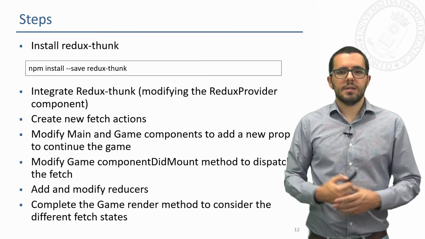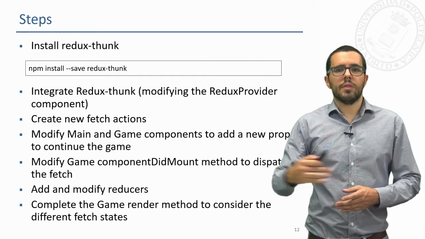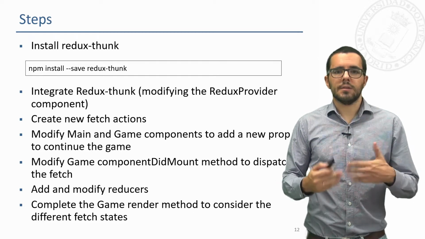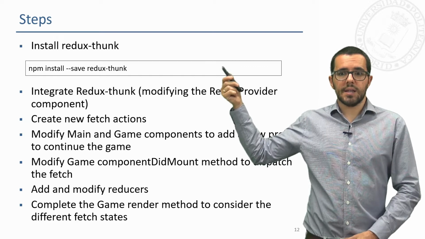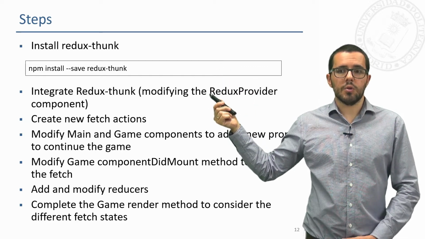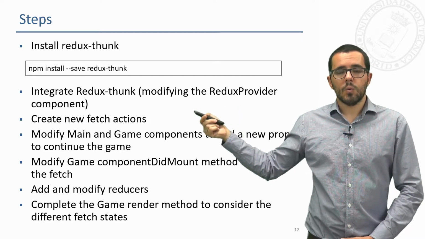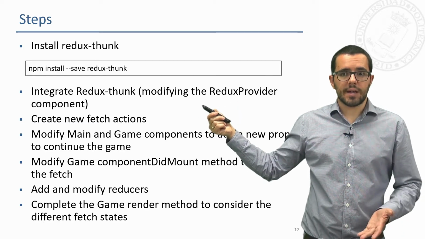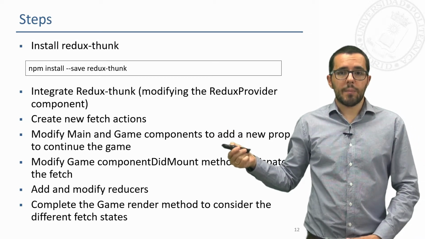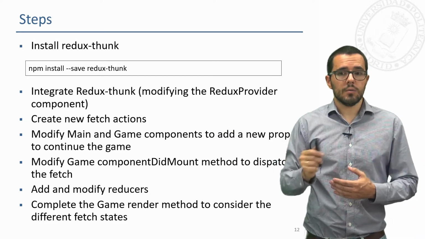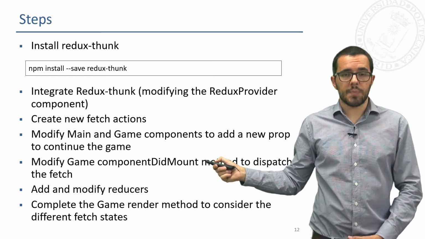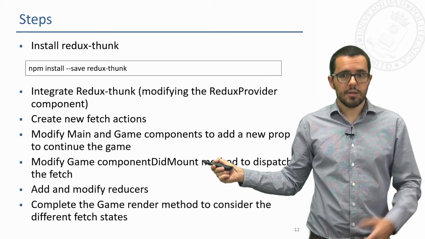What are the steps to introduce Ajax calls or backend service calls? In the first place, install Redux Thunk and integrate it, as we saw, modifying the Redux provider. We will have to create new fetch actions. We will have to modify our application to perform this call with a new prop, and in componentDidMount, we will dispatch this fetch.